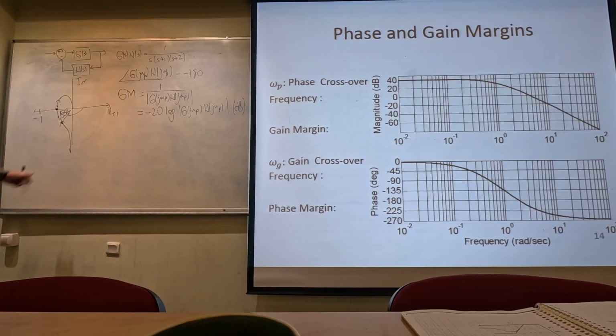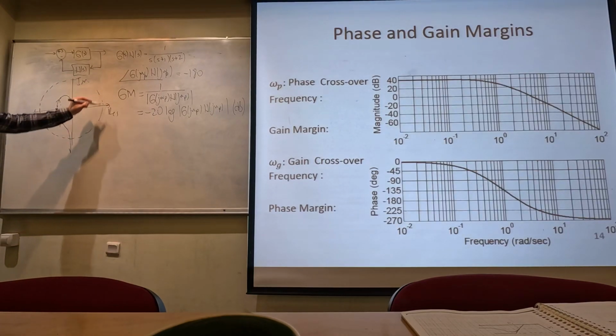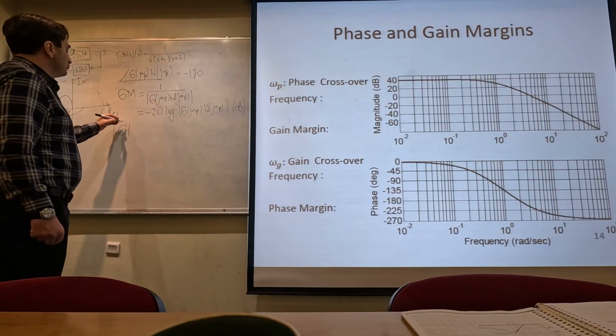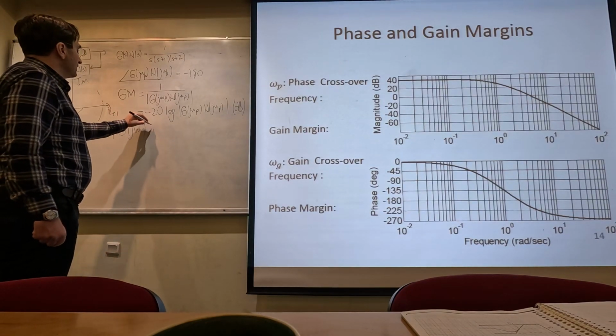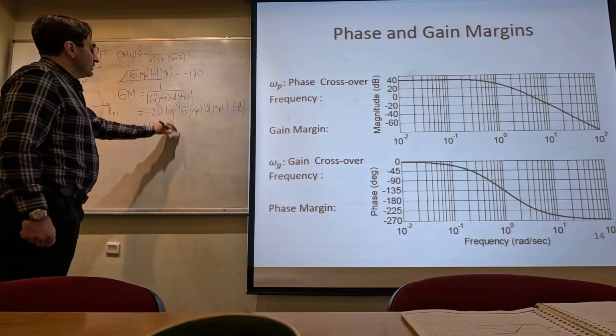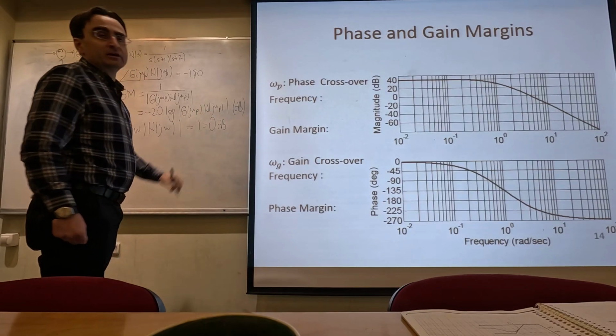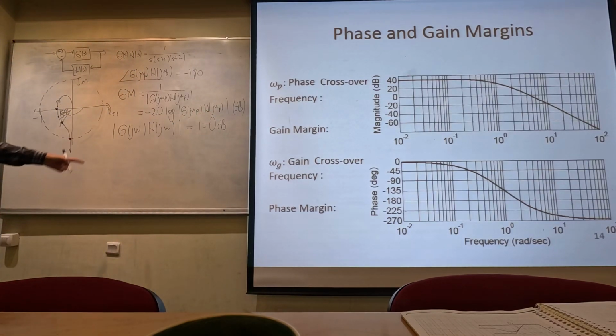The second important quantity is called the phase margin. The phase margin is determined by the frequency at which this polar plot intersects the unit circle. Here we have G(jω)H(jω). When its magnitude is equal to 1, or 0 dB, we can determine the frequency at which this happens.